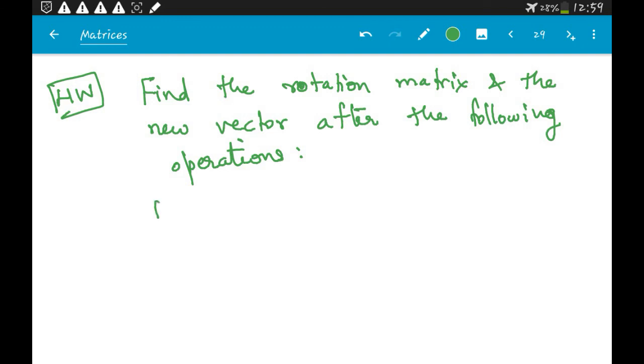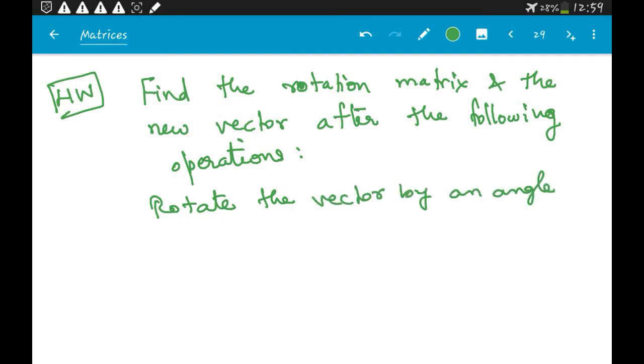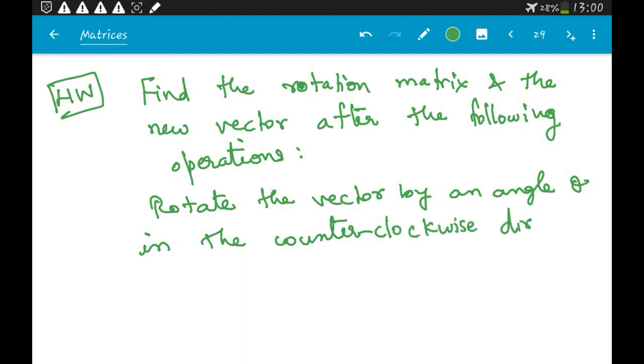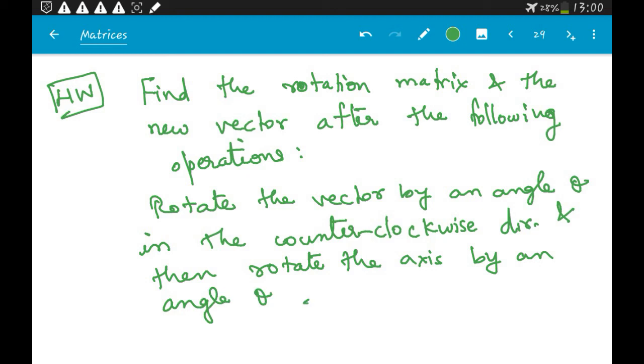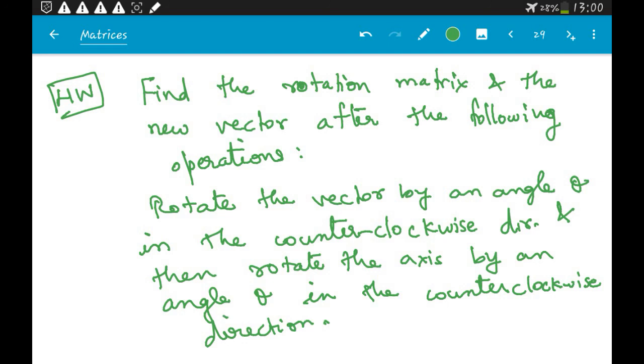The operations are: rotate the vector by an angle theta in the counterclockwise direction, and then rotate the axis by an angle theta in the counterclockwise direction. Okay, so this is your homework problem.